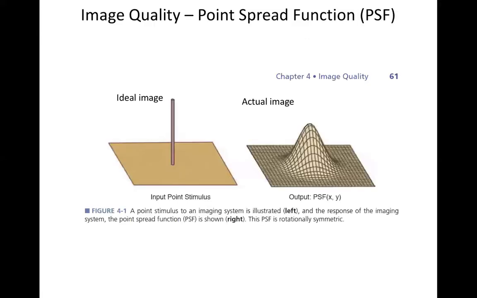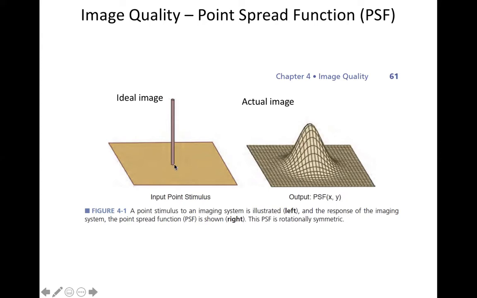So let's start with spatial resolution. If I have an object, my true object is this gold background, and I have a point in that object such that the perfect image or the ideal image is something where I have a spike right at this tiny point.